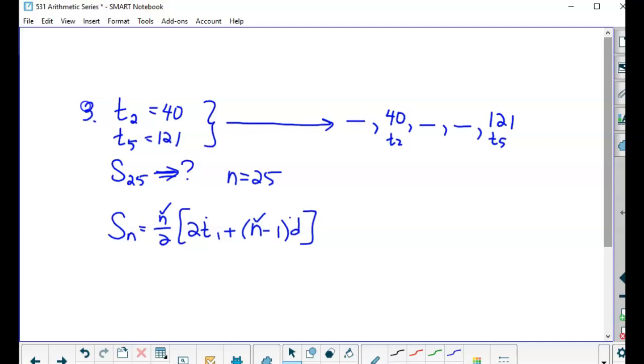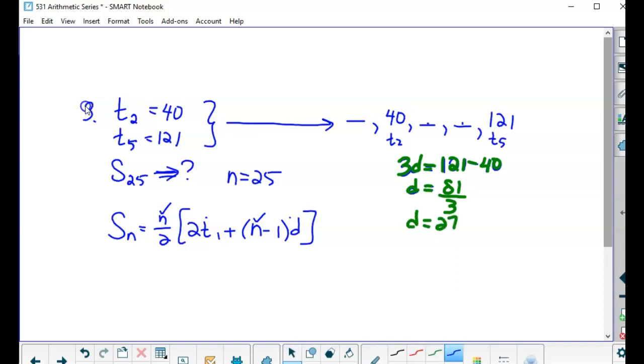Then to get your common difference, 1, 2, 3 D's is 121 minus 40. That's one of the methods, I did it in green last week. I call it the green method. So that is 81 over 3, which is 27.